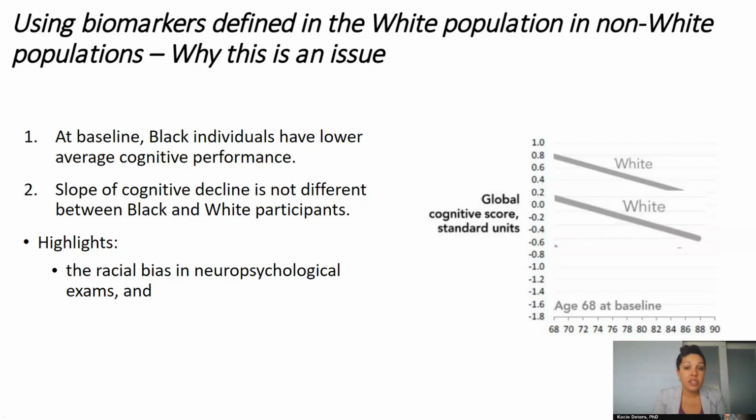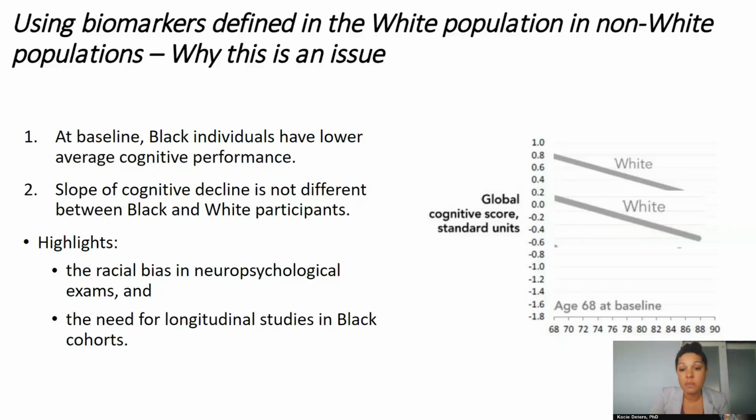So this is an issue, right? When we are using neuropsychological testing in order to classify a person as having dementia or not. And so if we're using one time point and we know that Black individuals have this lower intercept, it's really important to take into account some type of normalizing process in order to understand what that score truly means in Black individuals.